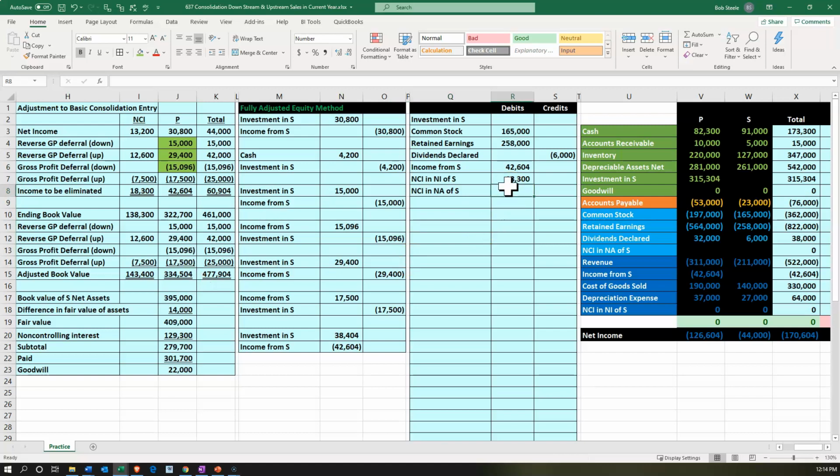So therefore, we're going to take it from this table again and say that this is going to be equal to the negative of this 143.4. And this number then is going to be breaking out the other side, right? This is going to be the negative of the 334,504. So there we have it.